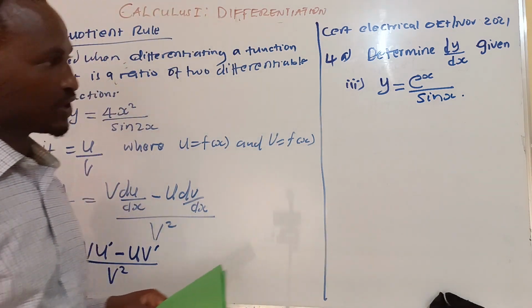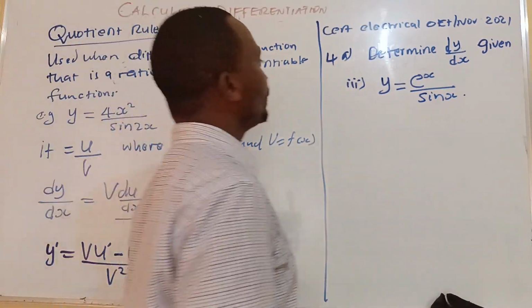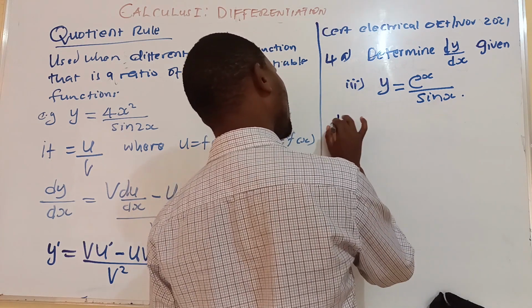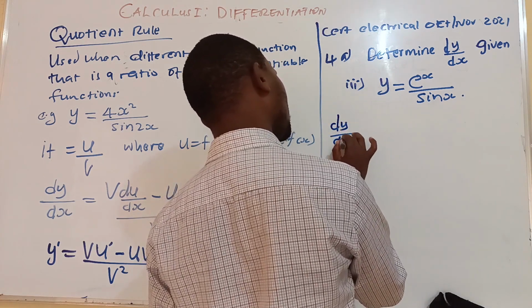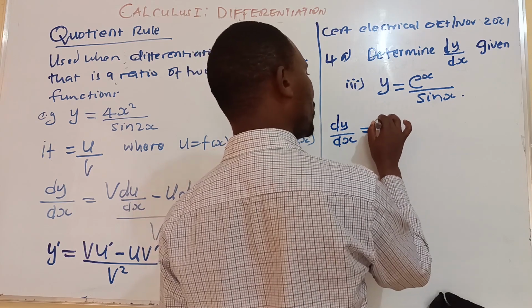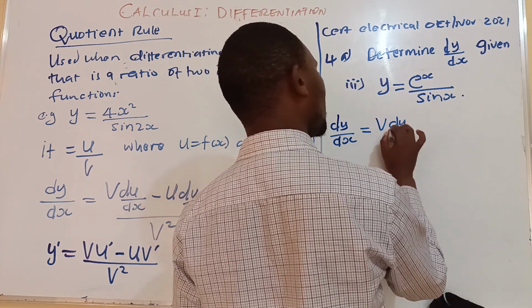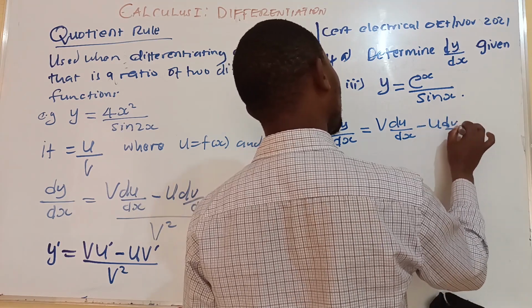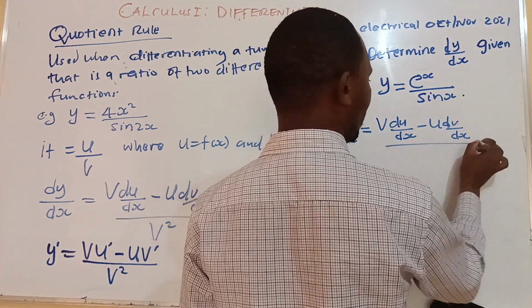That's a pretty simple example. We now apply the formula. We know the derivative of y with respect to x will be equal to v du dx minus u dv dx all over v squared.